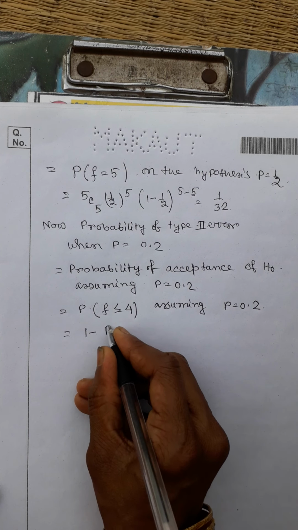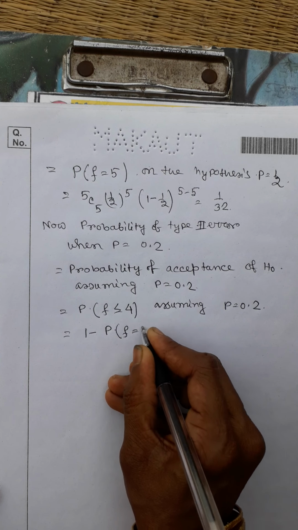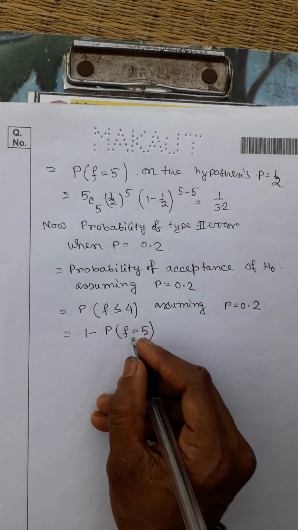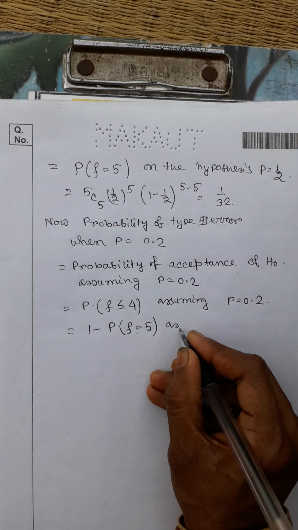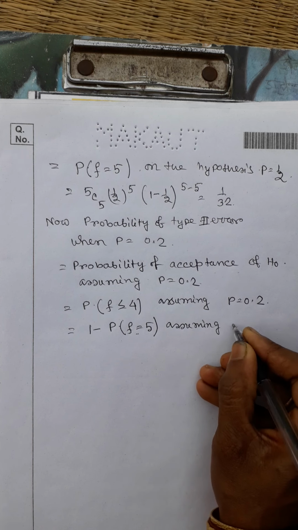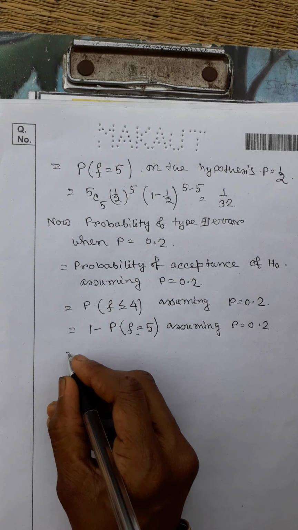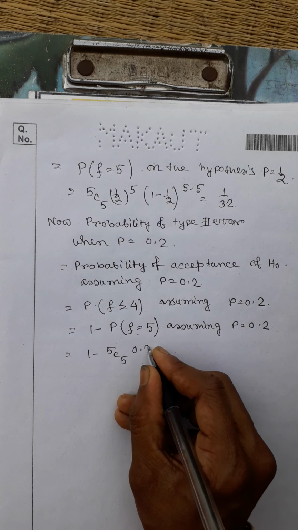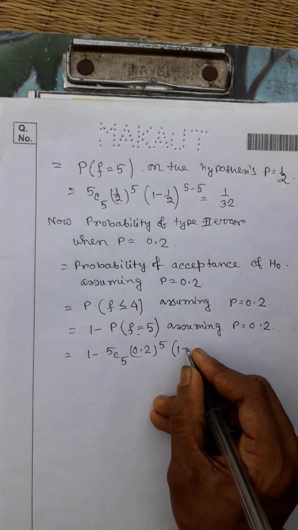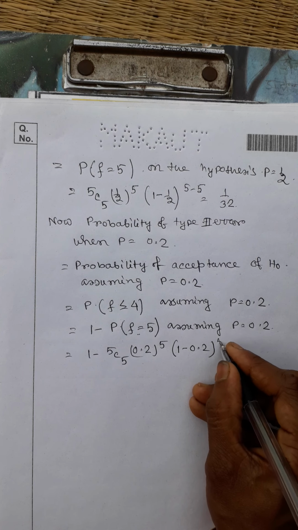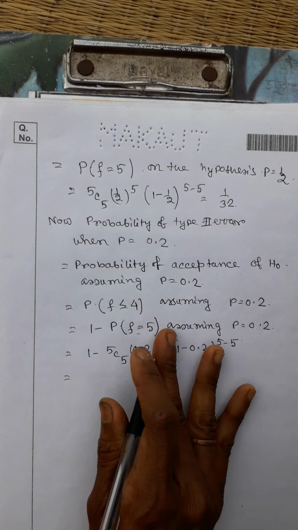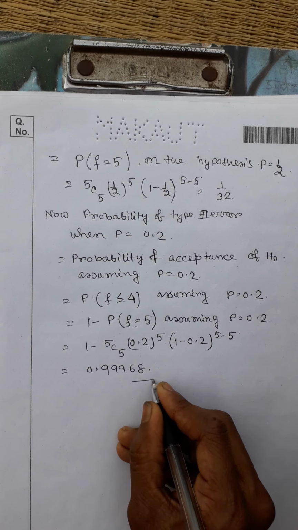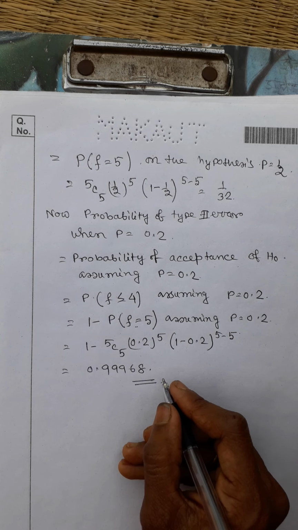So it is 1 minus the probability of X equals 5, which is equal to 1 minus 5C5 0.2 to the power 5, 1 minus 0.2 to the power 5 minus 5, that is 0.99968. This is the probability of type 2 error.